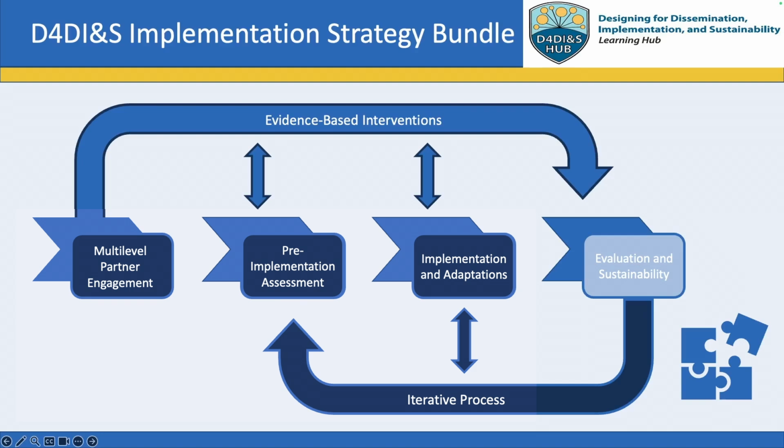Number 3, implementation and iterative adaptations guided by pre-implementation assessment and partner engagement while retaining fidelity to your intervention's core components. And number 4, intervention evaluation and sustainability, through measuring intervention outcomes, evaluating health equity and implementation strategies, and planning for sustainability. We will cover these 4 components over 4 separate modules.